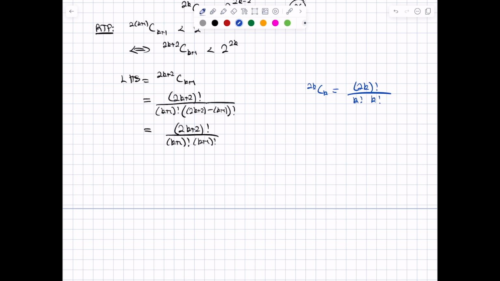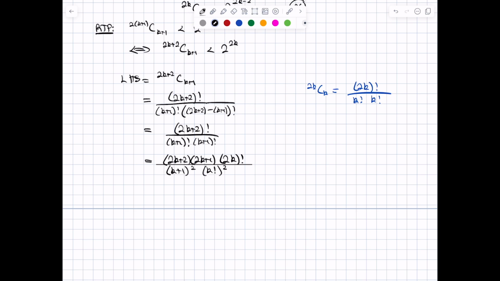In the numerator, I'm going to factor out 2k+2 and 2k+1, and then I'll be left with a (2k)!. And in the denominator, I'll factor out a k+1 from each of those factorials, so I'll get (k+1) squared times (k!) squared.